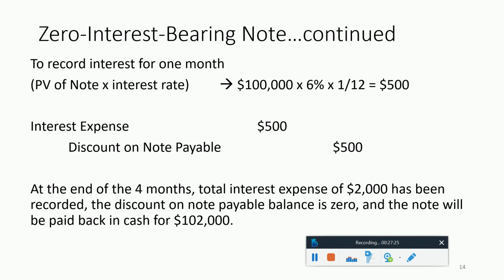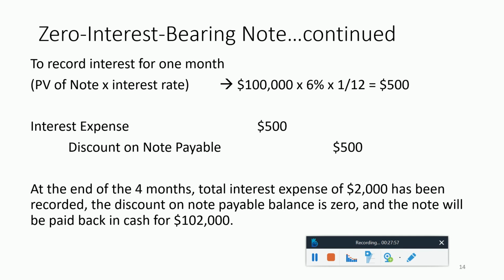Okay, so similarly to when we were doing the interest-bearing note example, 1 month into our zero interest-bearing note, we need to record some interest expense. So we are going to debit interest expense for $500, and instead of crediting accrued interest or interest payable, we are going to credit the discount on note payable, which is simply reducing its balance slightly.